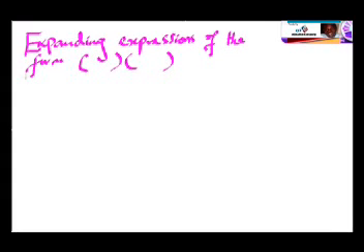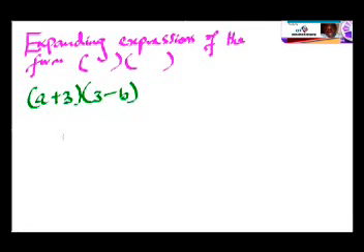So we'll just take some few examples and we'll get to what we're talking about. If you have an expression with two brackets, a plus 3 multiplying another bracket 3 minus b.